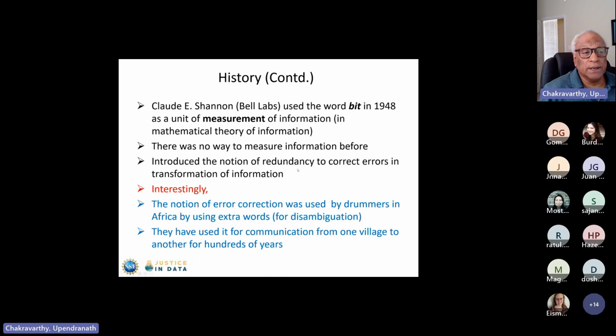He introduced the notion of redundancy. We will come to that in databases. Redundancy can have good things and bad things, such as correcting errors in transmission. Interestingly, the notion of error correction was used by drummers in Africa, if you read that book, by using extra words for disambiguation. They were communicating from one village to another for hundreds of years before the digital revolution.